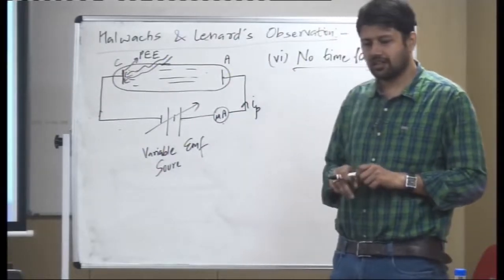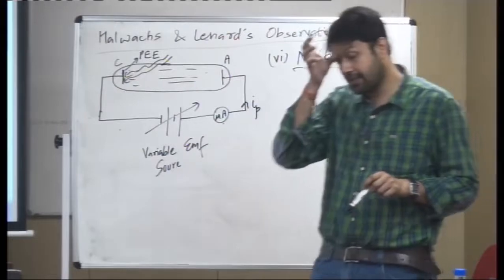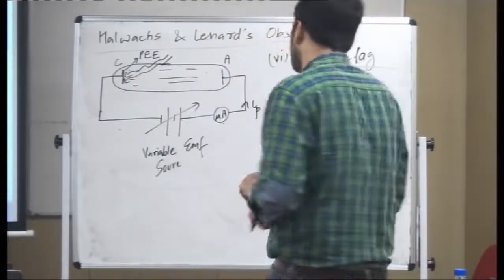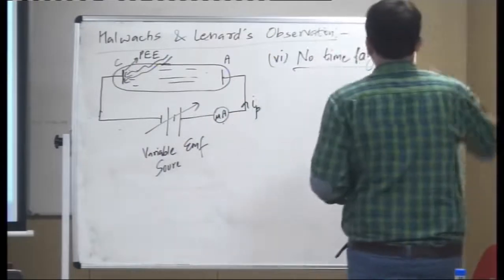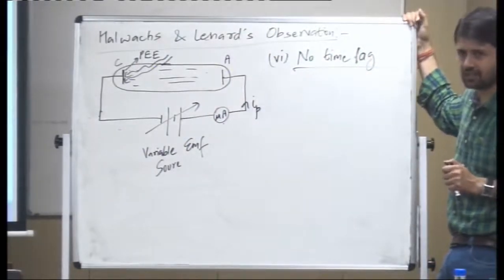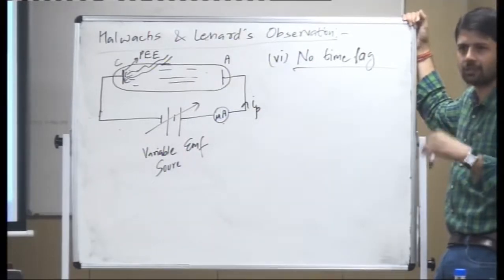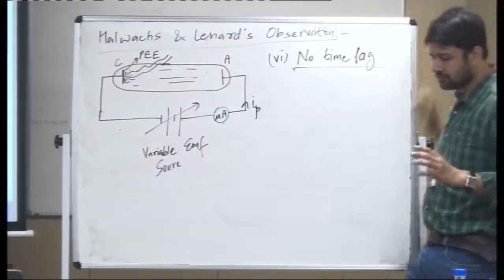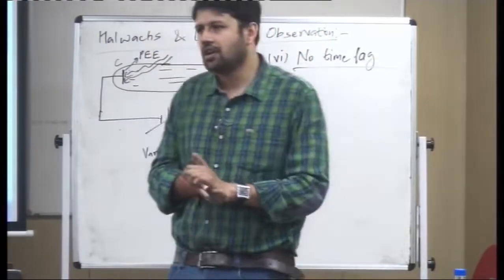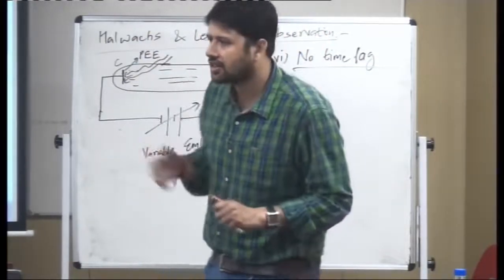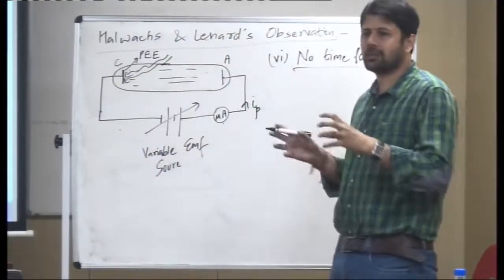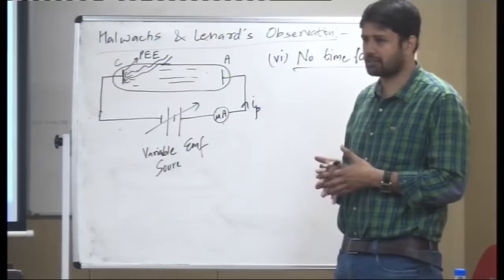Now let's discuss the explanation. First, wave theory. People who support wave theory, they try to explain it. You understand Huygens wave theory? You remember, right? People who support Huygens wave theory, they explained it. In Huygens wave theory, now there is some addition because of the work of Maxwell.